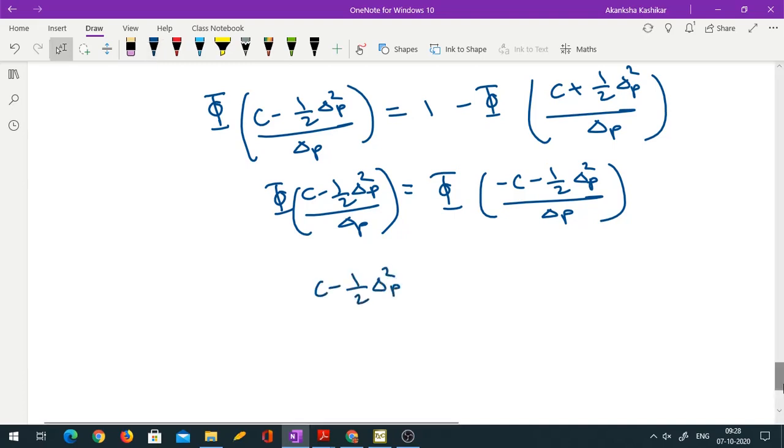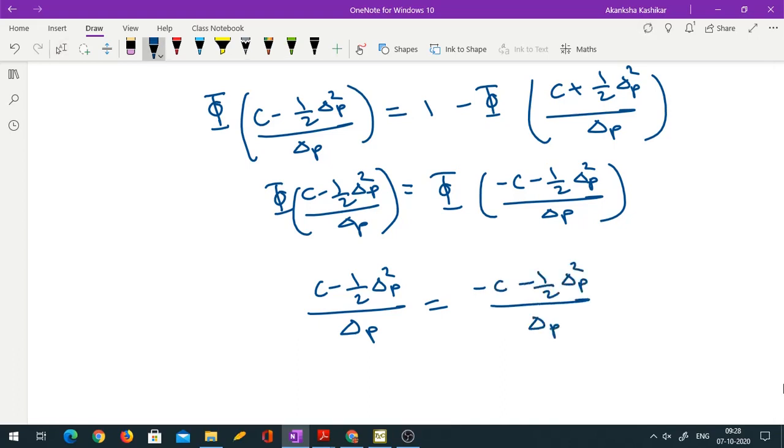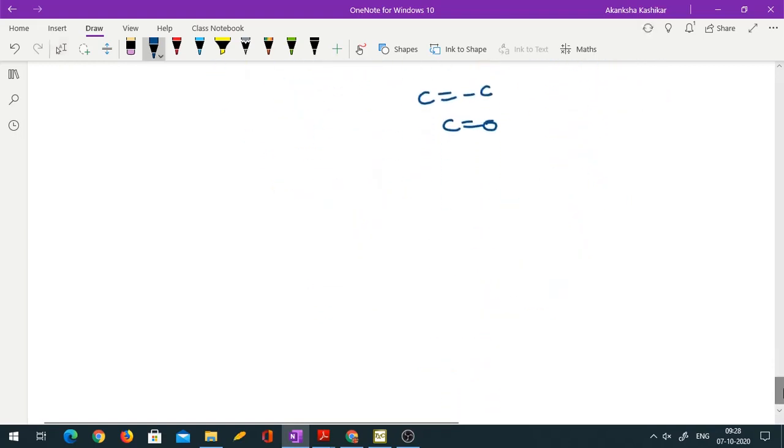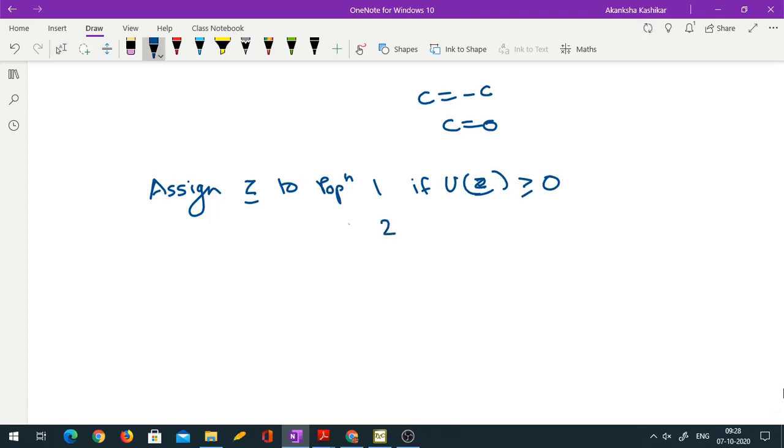So c minus half delta square p upon delta p is the same as minus c minus half delta square p upon delta p. So basically only if c is equal to minus c, that is, c is equal to 0. Hence my final conclusion is: assign z to population 1 if uz is positive and assign it to population 2 if uz is negative.